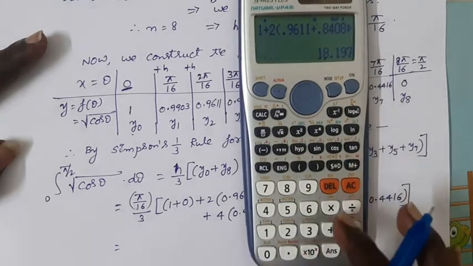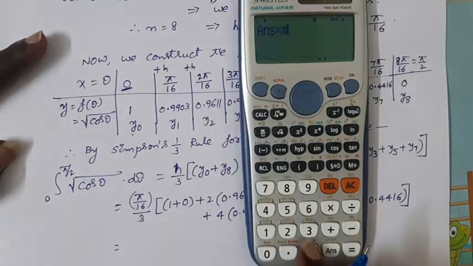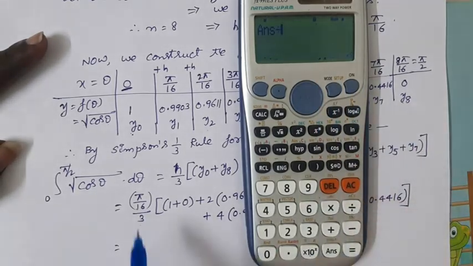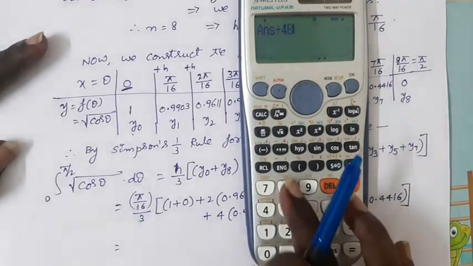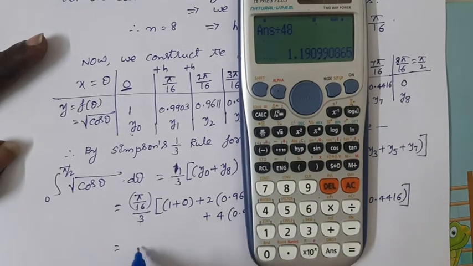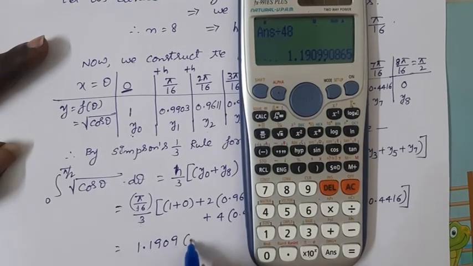We have to multiply this entire value by pi, so shift pi, equal to 57 point something, and divide the entire value by 3 into 16, or 48. So almost it is 1.1909 approximately.